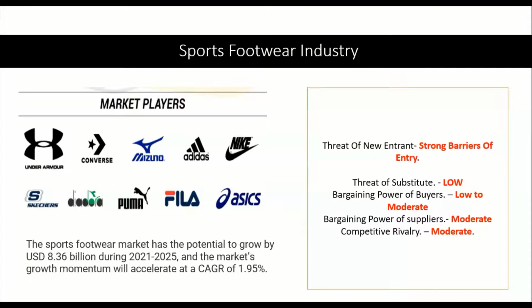And what would be the bargaining power of the suppliers? It is also moderate, and it was very low initially. Now it is moderate after the evolution of the digital era. I'll give you an example. If they have to prepare some parts or accessories of the shoe, then they need cotton.